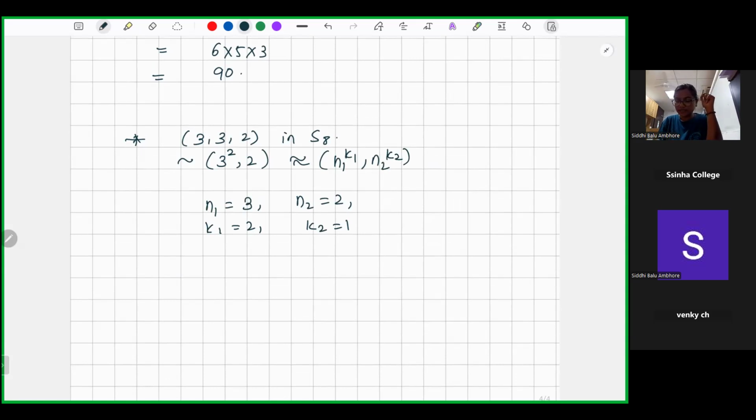And the formula is: the number of elements of cycle type 332 in S8.